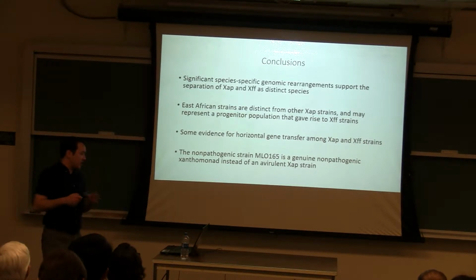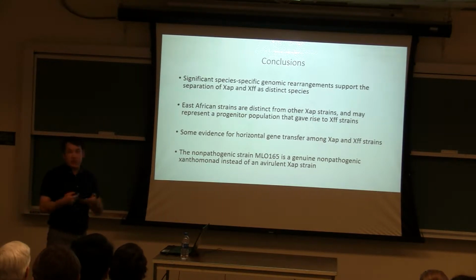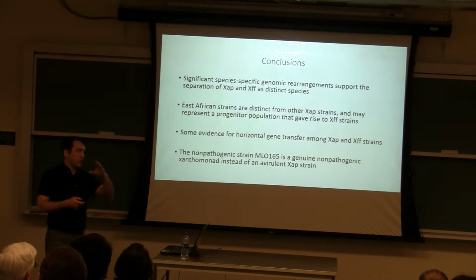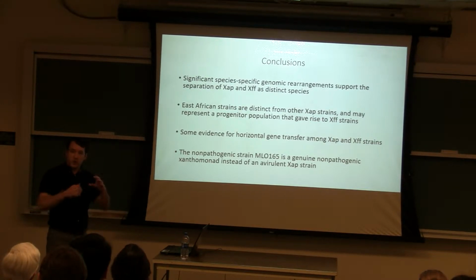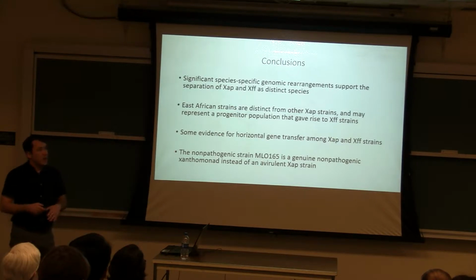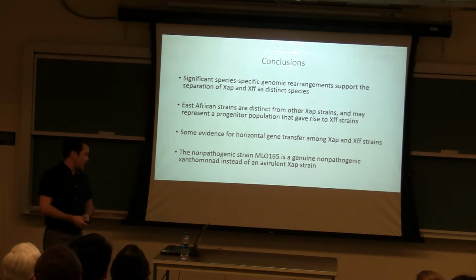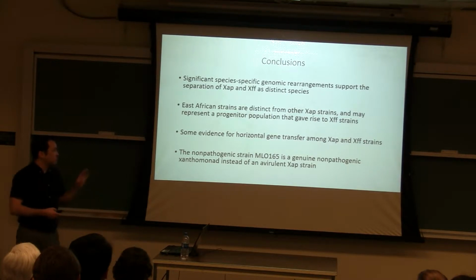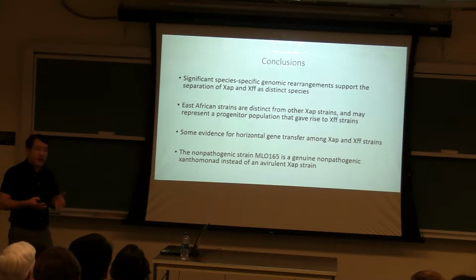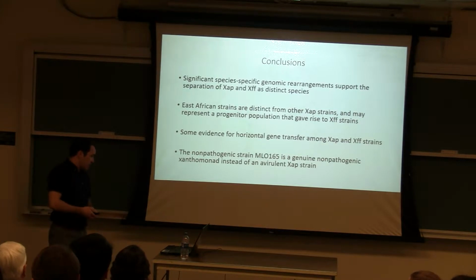So they might represent a progenitor population that gave rise to these Fuscans strains, right? In terms of phylogeny, they sit kind of basal to that clade. There's this hypothesis that Fuscans strains probably originated in Africa, so these may just be representative of that kind of population, right?